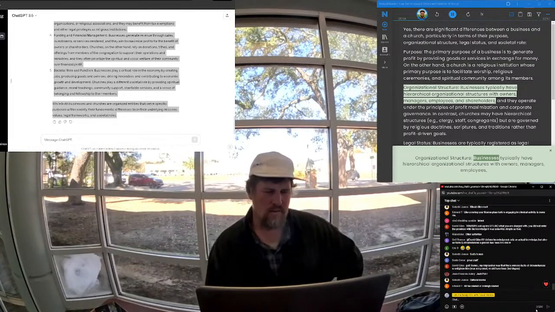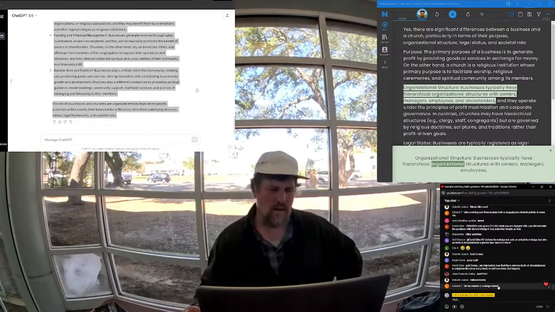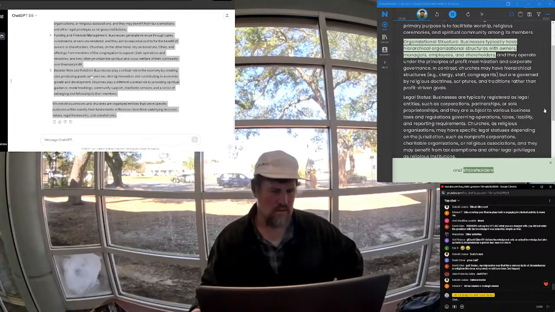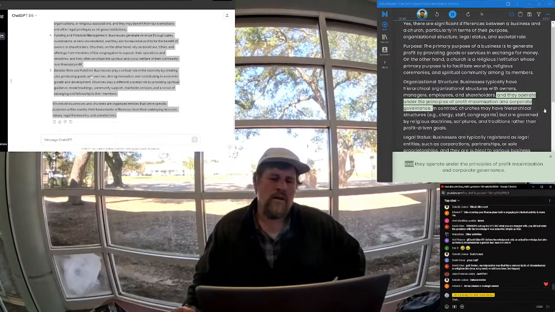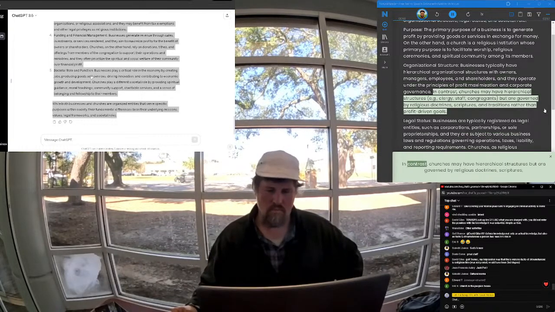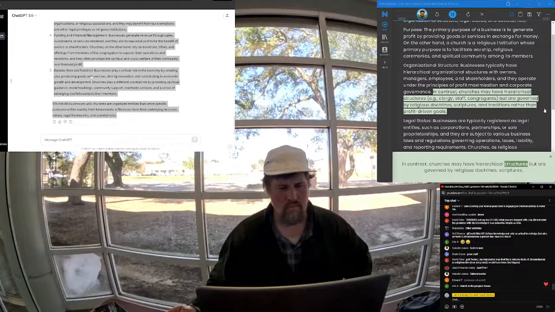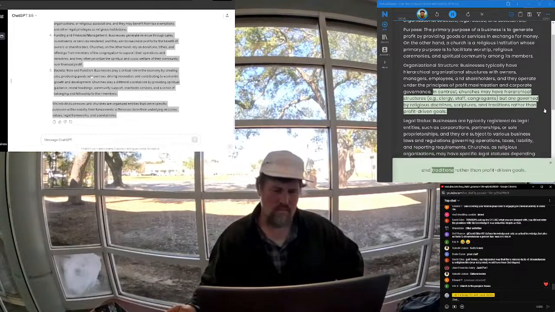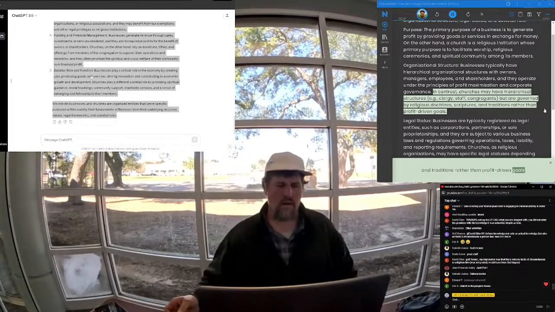Organizational structure: businesses typically have hierarchical organizational structures with owners, managers, employees, and shareholders, and they operate under the principles of profit maximization and corporate governance. In contrast, churches may have hierarchical structures but are governed by religious doctrines, scriptures, and traditions rather than profit-driven goals.